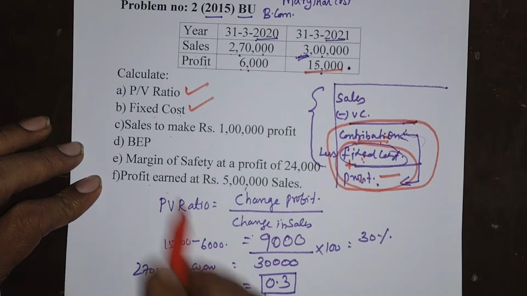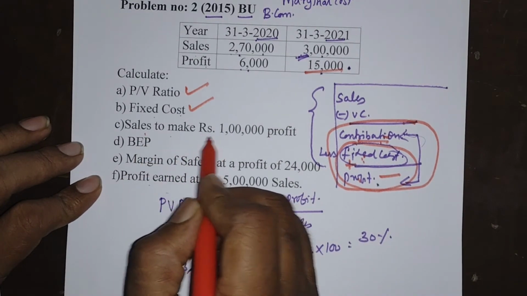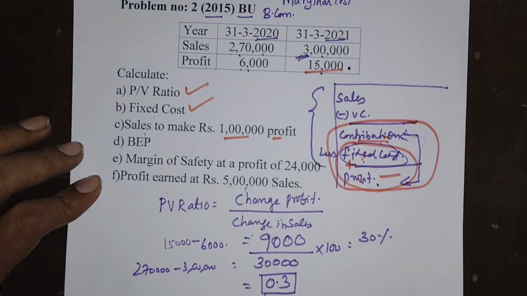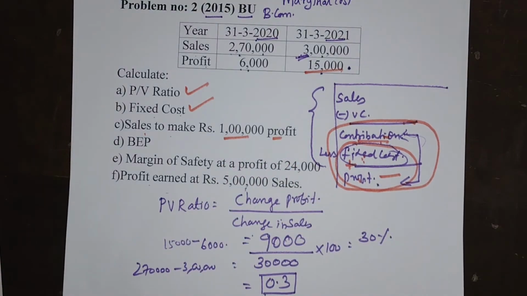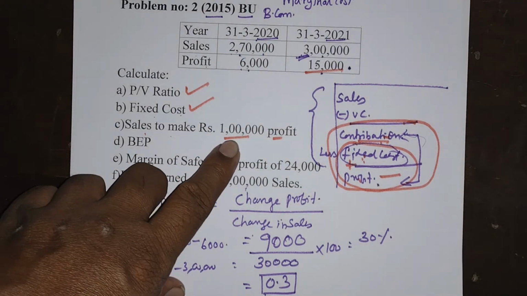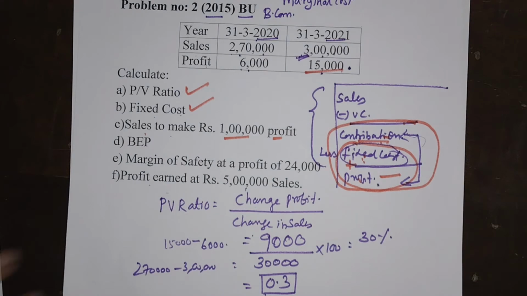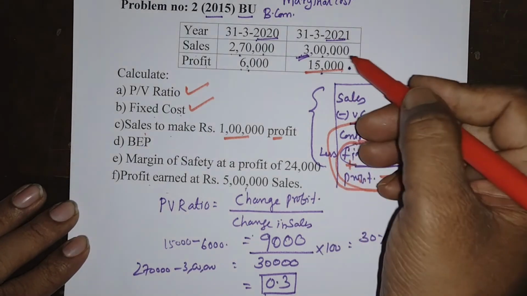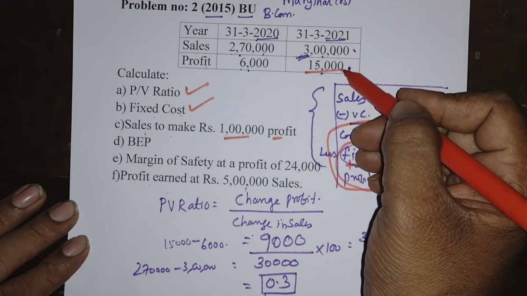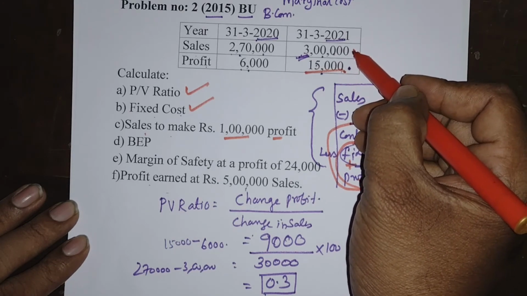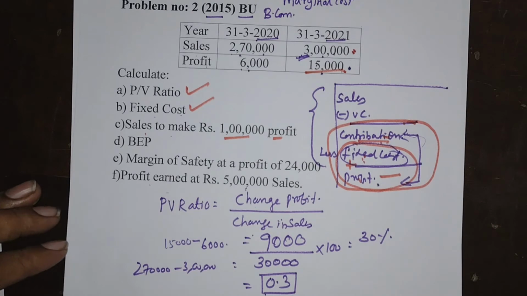Coming to the third one, sales to make 1 lakh rupees profit, that is desired profit. When I want to earn 1 lakh rupees profit, what should my sales be? Just think it over. When sales is 3 lakh, profit is 15,000. Definitely our sales is going to be more than 3 lakh rupees.